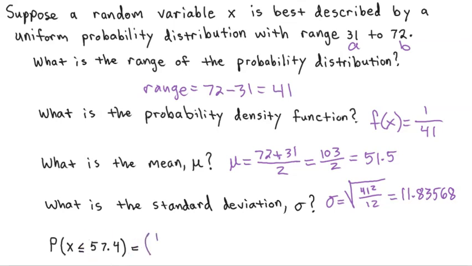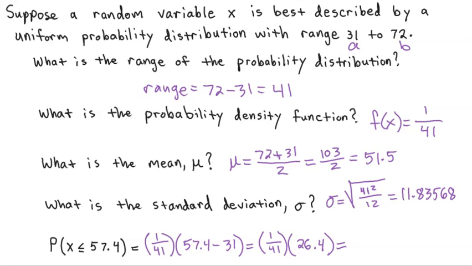So we're going to take the probability density function, 1 over 41, and multiply it by 57.4 minus 31. And 57.4 minus 31 is 26.4, and you can verify that in a calculator, but it's correct.